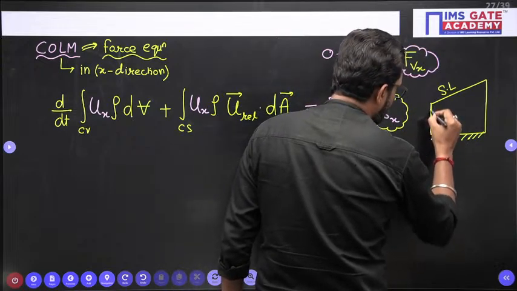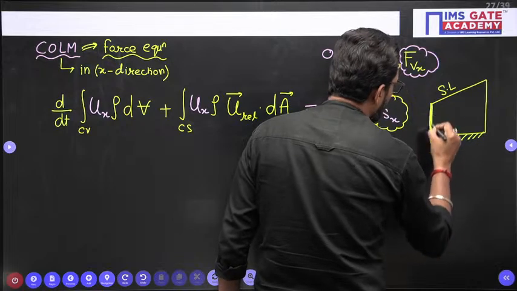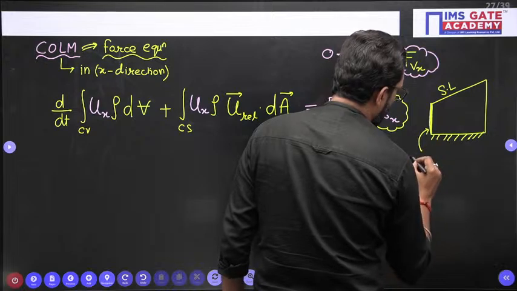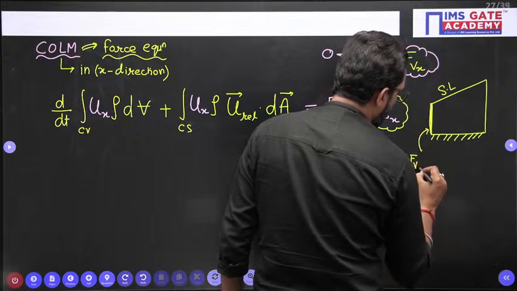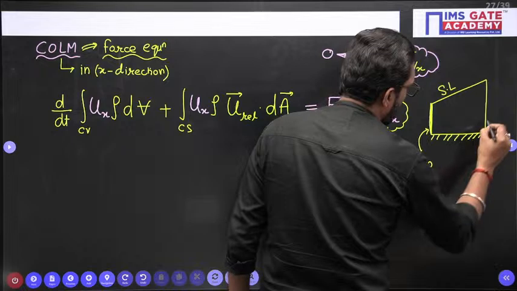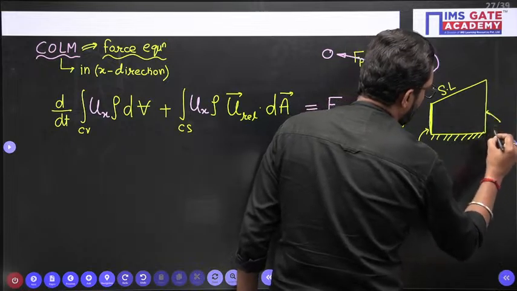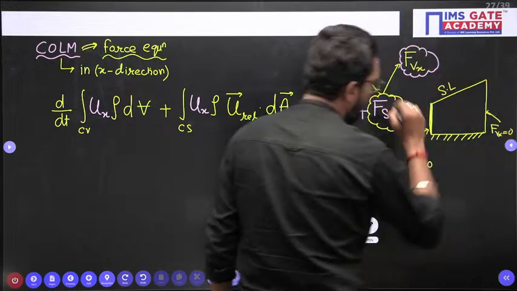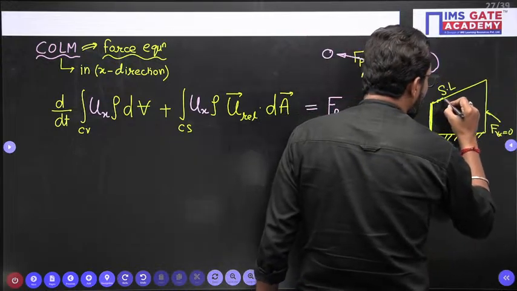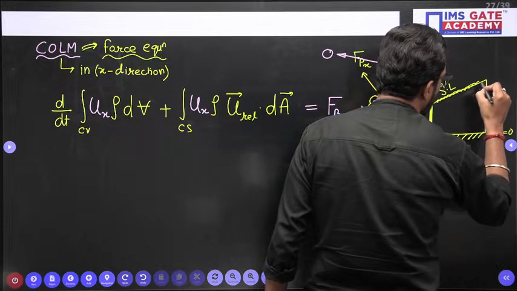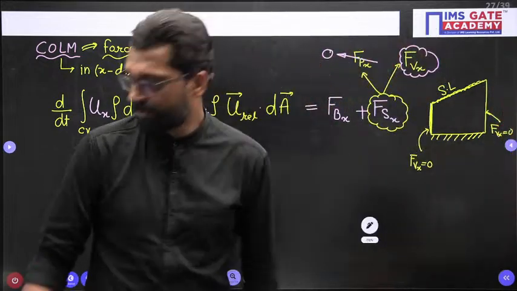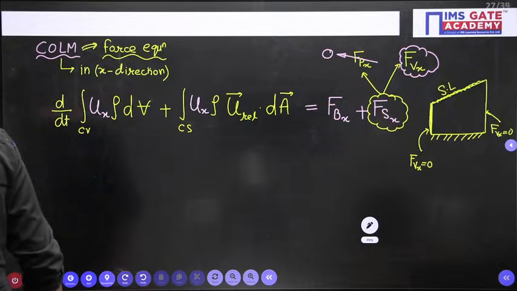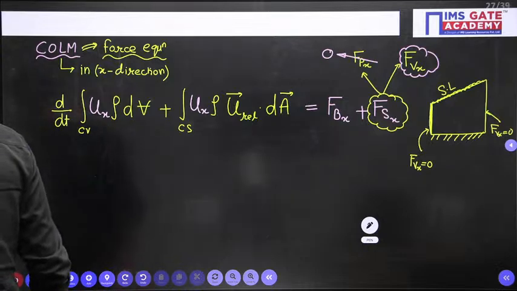At this surface, the velocity in x direction is 0. Why? Because it is wider. Now what is the surface force at this streamline? Please tell me.